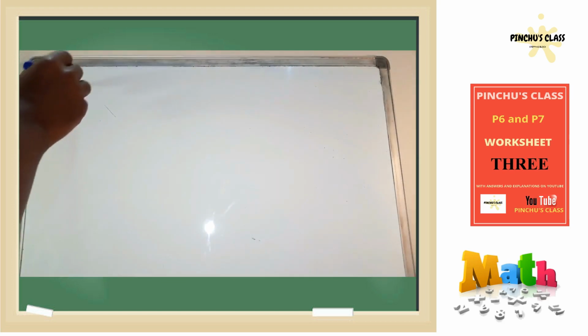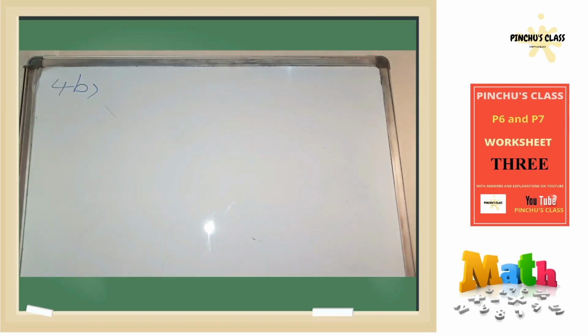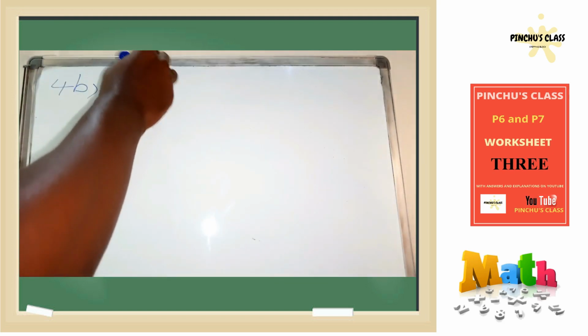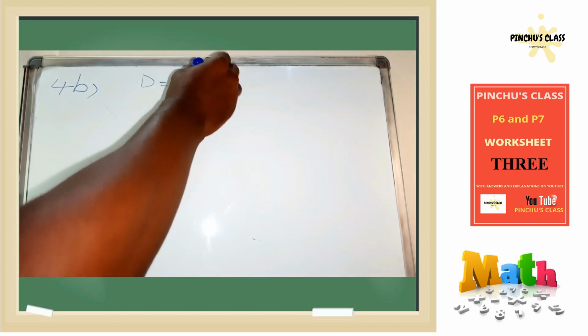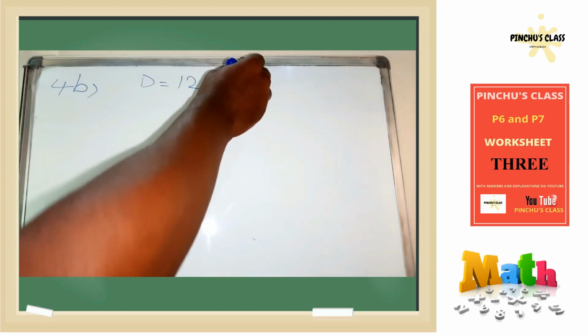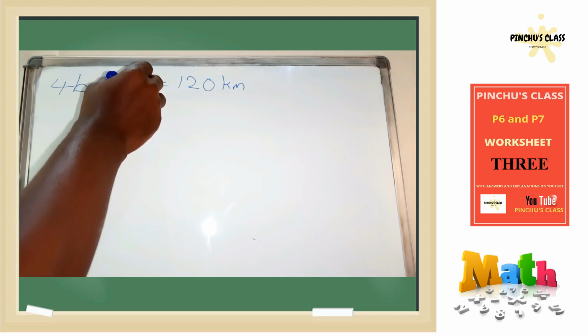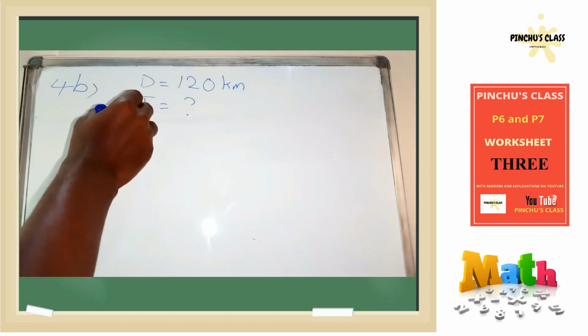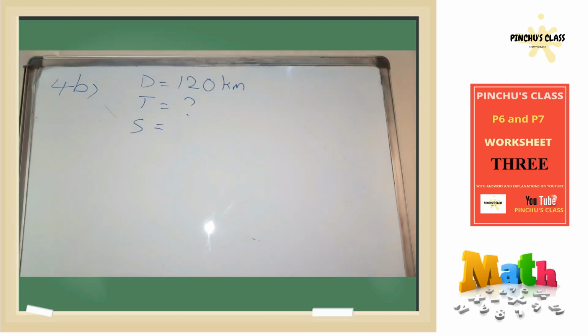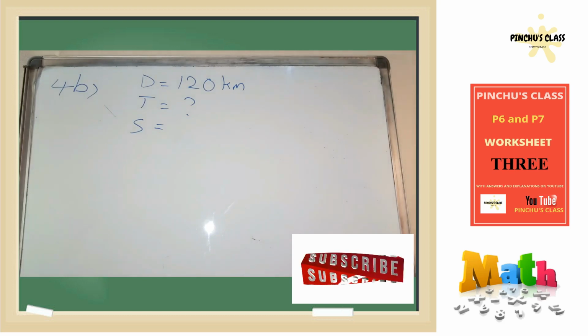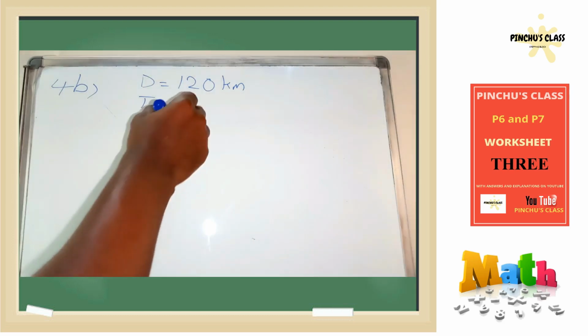Go to 4B. Now 4B, they have told us if he was to ride at 48 kilometers per hour, how long would he take to cover the same distance? In this case, the distance is going to stay the same, 120 kilometers. The time is not known, so we have the speed, which is 48 kilometers per hour.